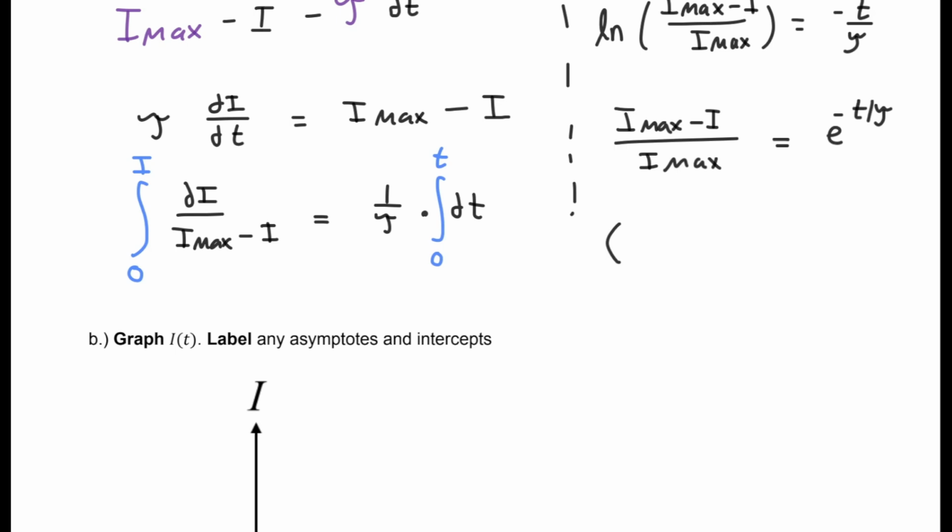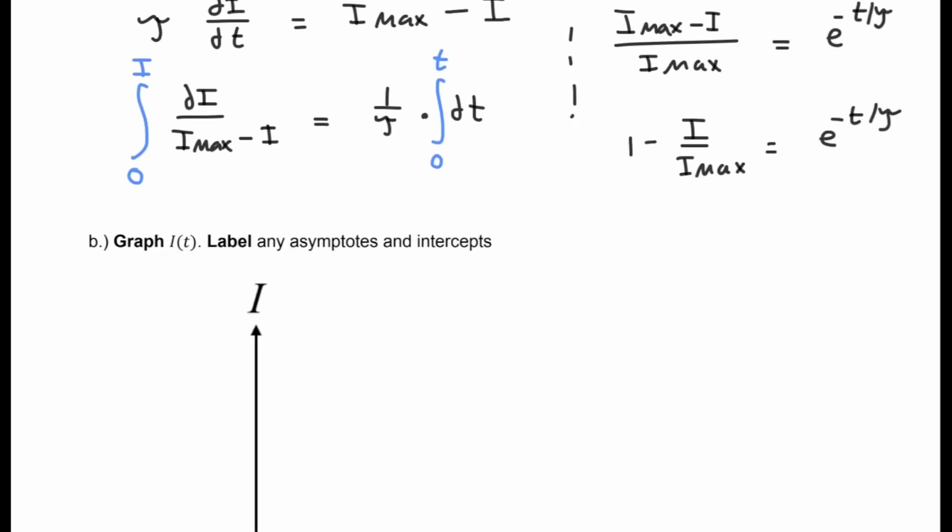I could simplify this as 1 minus I over I max is equal to e to the minus t over tau. So therefore, I could subtract the exponential from both sides, add the I over I max, multiply by I max, and I get I is equal to I max times 1 minus e to the minus t over tau.